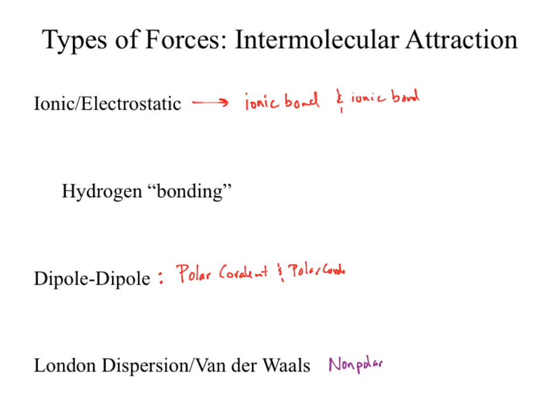Non-polar covalent to non-polar covalent bonds. So by looking at the structure, we can predict something about the bonds. Once we know something about the bonds, we can predict something about the forces. Once we know the forces, we can start to predict something about the phase. Once we're at the phase, we can look at how different molecules react with each other within those phases. That was everything we've talked about this semester.